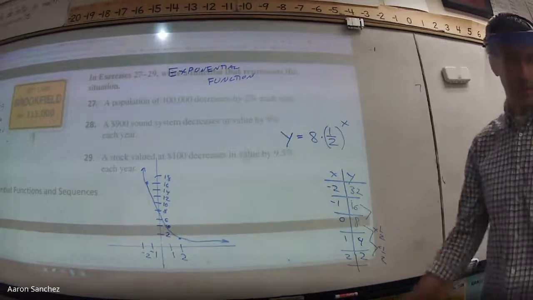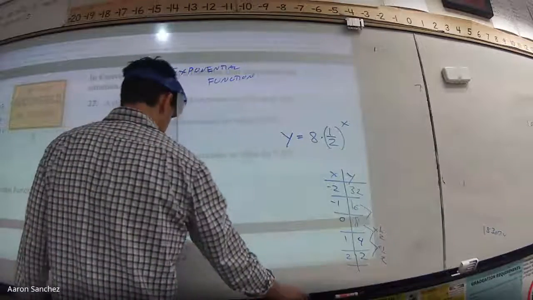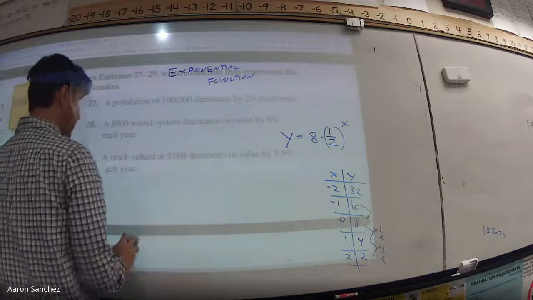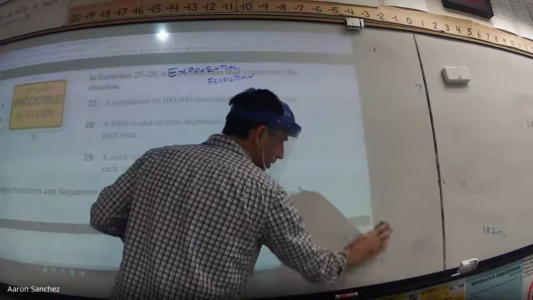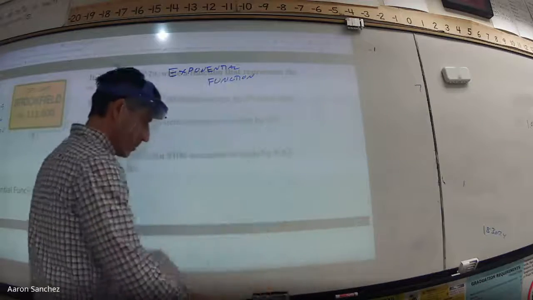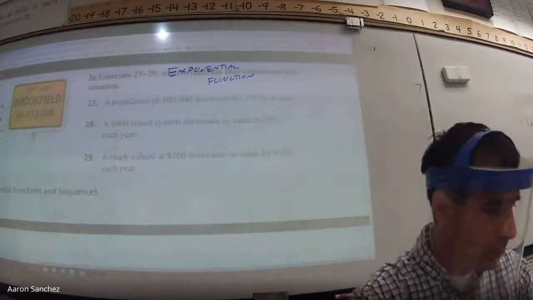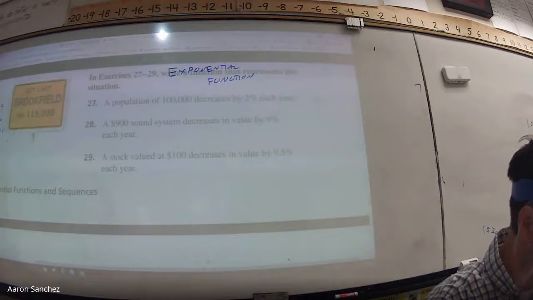So this is number 29. Everyone look at 29 in your homework. We want to write an exponential function that represents this. My class is looking at it on the board. You guys will look at it on the computer. I'm teaching online and I'm teaching in the class.